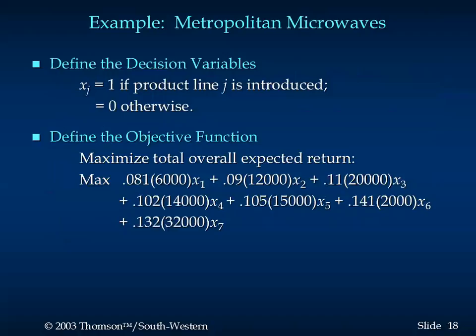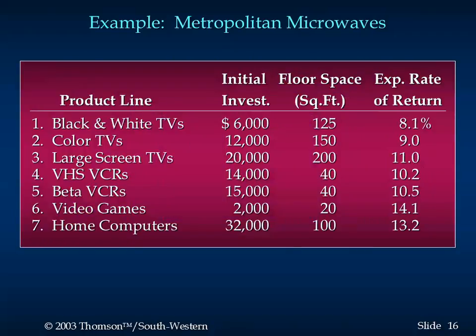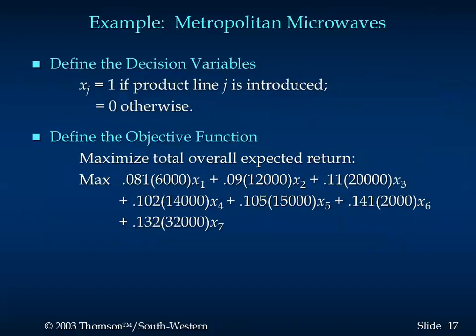Now, what is the return? Well, 8.1% has to be multiplied with the investment. So 8.1% on 6,000, 9% on 12,000, 11% on 20,000, and so on. And then we multiply each of those by x1, x2, x3, x4, up to x7. Right? Notice, if we decide not to introduce a product line, for example, x7 is 0, then that's not added.